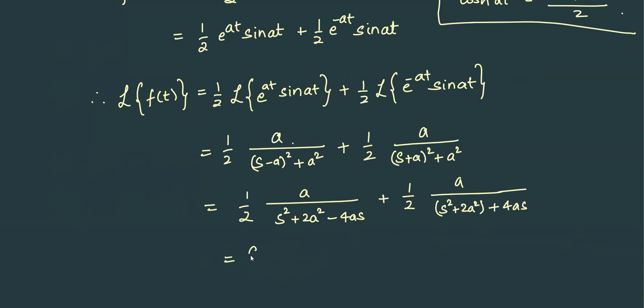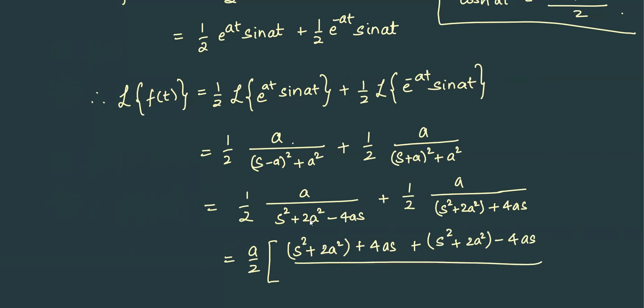See, now a by 2 taken common, you will see, because it is s square plus 2a square plus 4as plus s square plus 2a square minus 4as, which is like a minus b into a plus b.